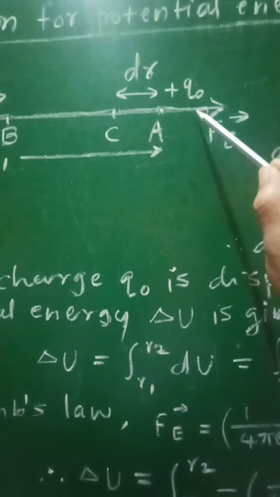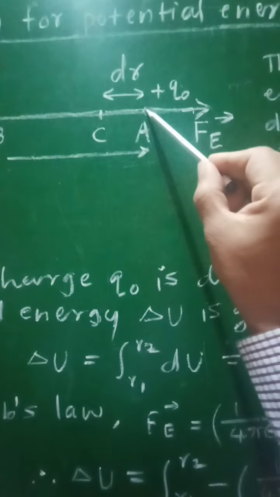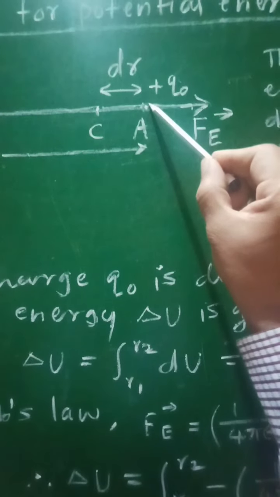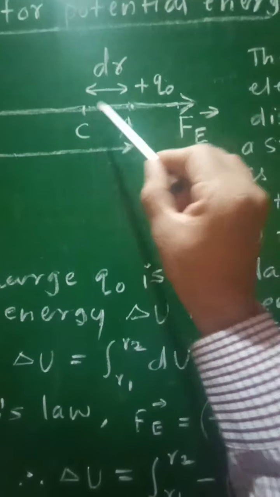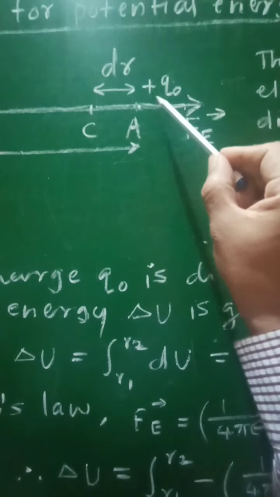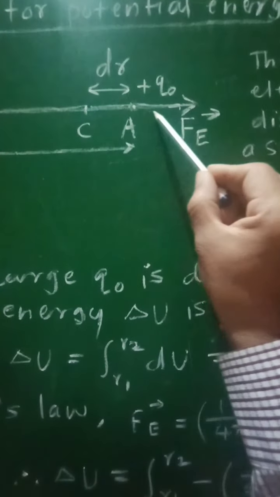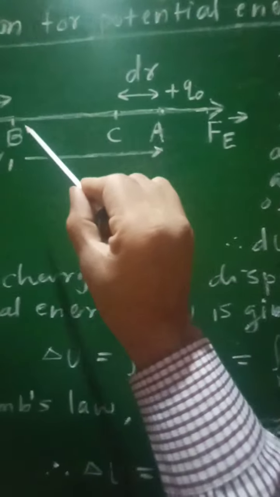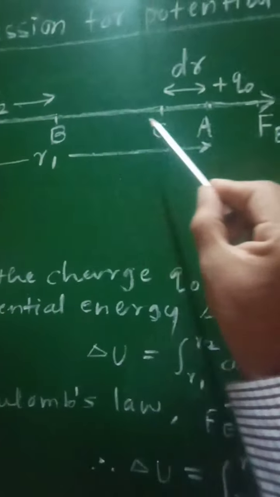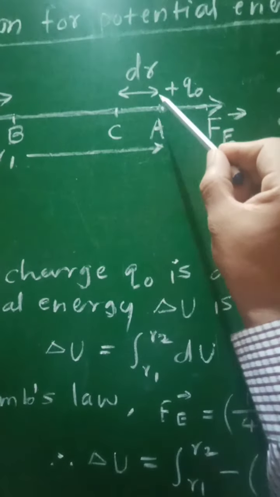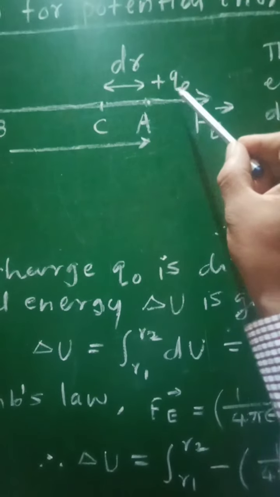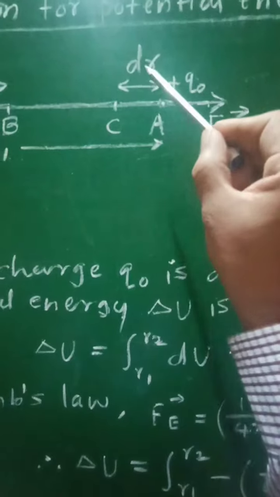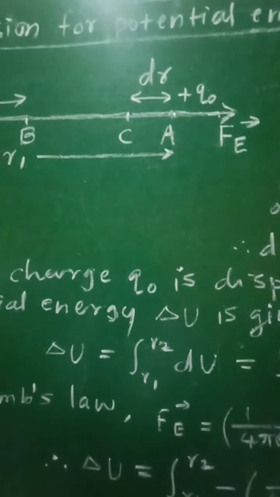Initially, that Q0 charge will be displaced through a very short distance dr from A to C. As that charge is displaced in the opposite direction to that of the electric field of the source charge, work will be done on this charge Q0. That work done will be stored in the form of electrostatic potential energy.